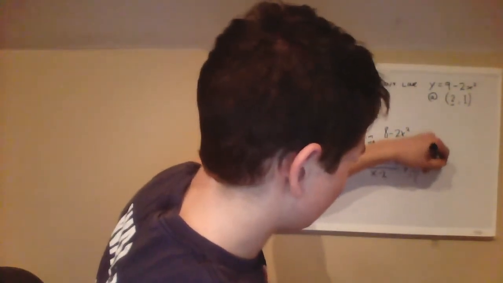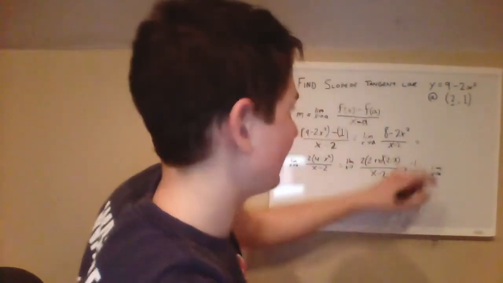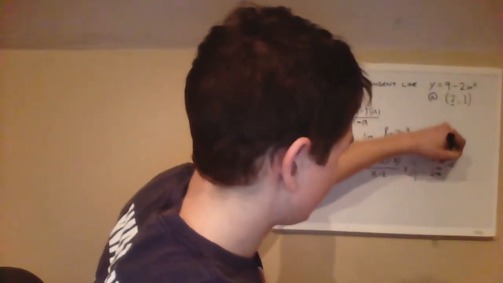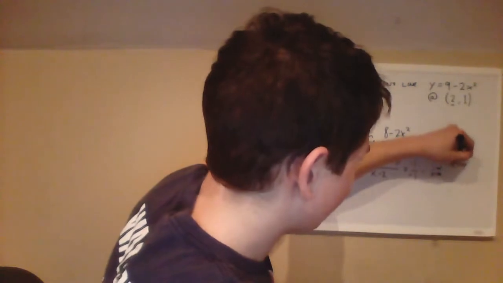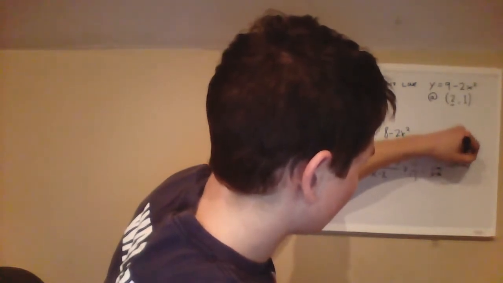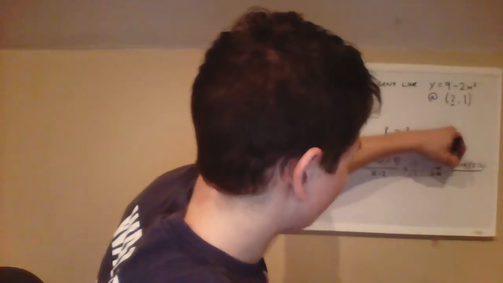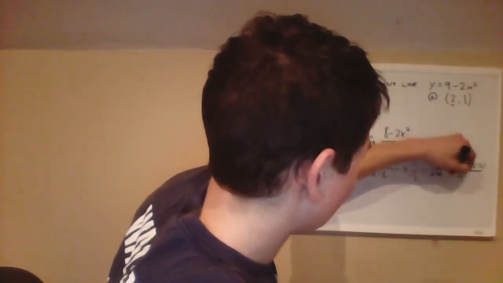So this equals the limit as x approaches a of negative 2 in the numerator times the same thing up here, and then the bottom it switches around, so negative x plus 2.